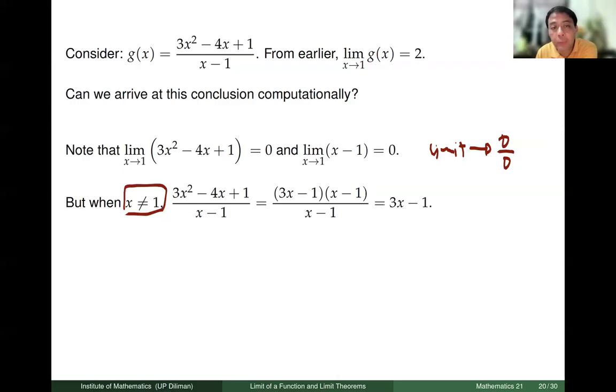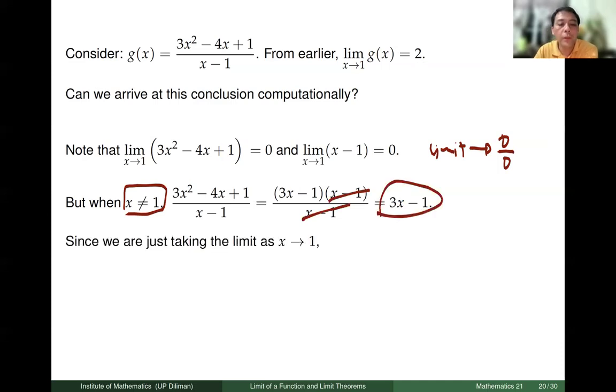So since hindi pa naman siya equal sa 1, when we factor, we can cancel the x minus 1 and evaluate the limit now of simply 3x minus 1. Okay? So this limit is the same as the limit of 3 times x minus 1, because x is not yet equal to 1, so we can still cancel.